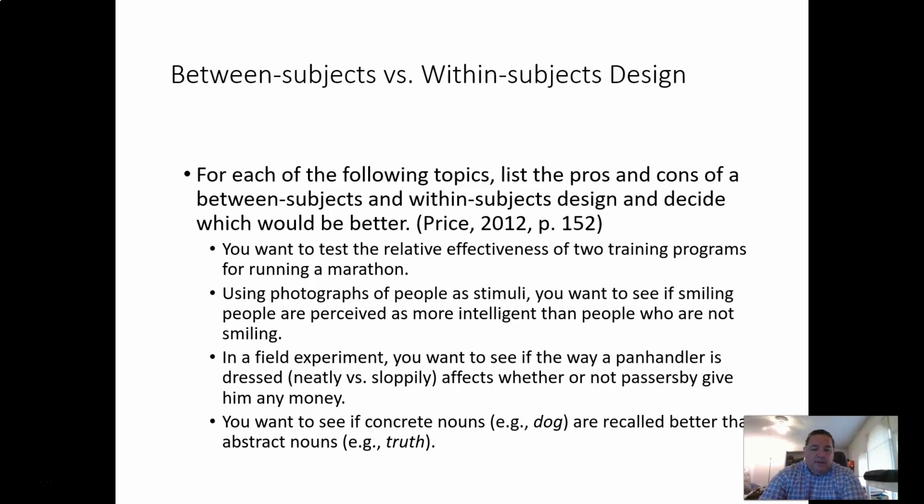In a field experiment, you want to see if the way a panhandler is dressed, neatly versus sloppily, affects whether or not passersby give him any money. This one is a little bit more complex. It could be done with either between subjects or within subjects, but you're most likely going to go with between subjects. You can be on the same corner, but not necessarily be able to show that the same people go by every day.